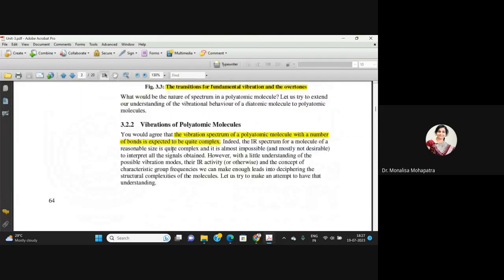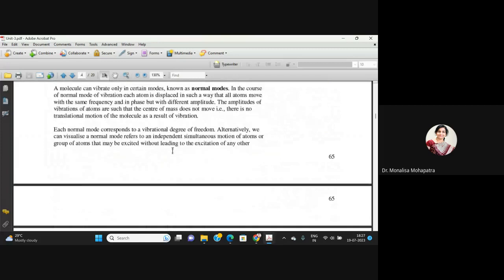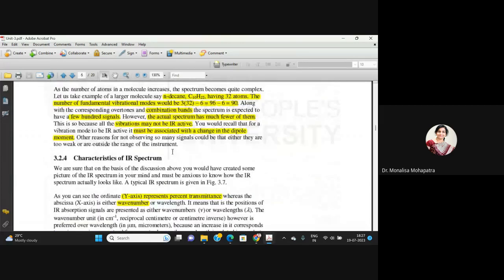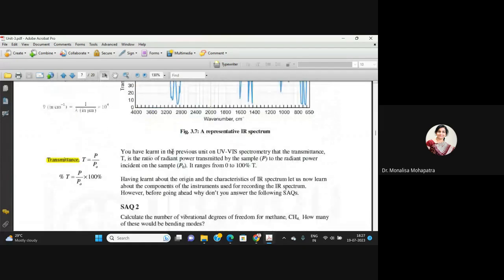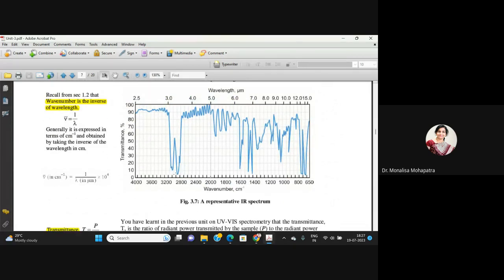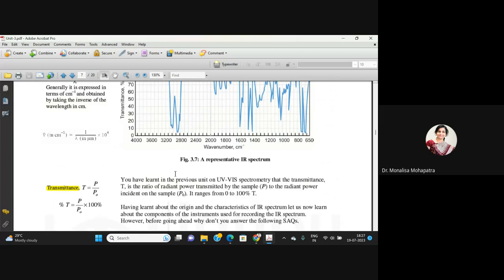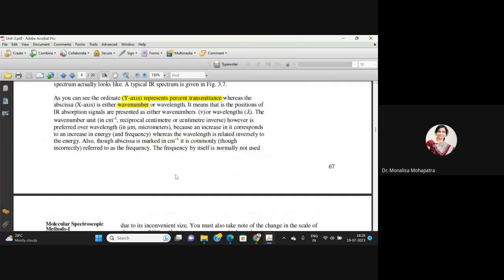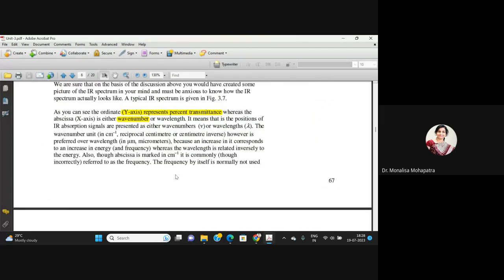The region of IR, I want to show you that region of IR. This one. So you get clarity about this thing. I have already highlighted here. While telling you, I told you.